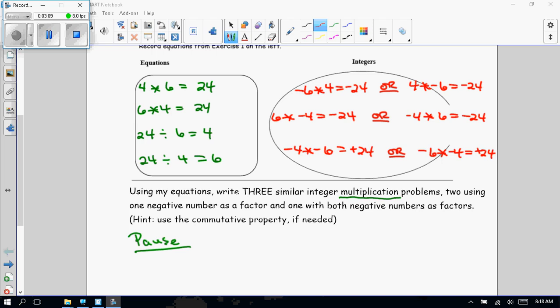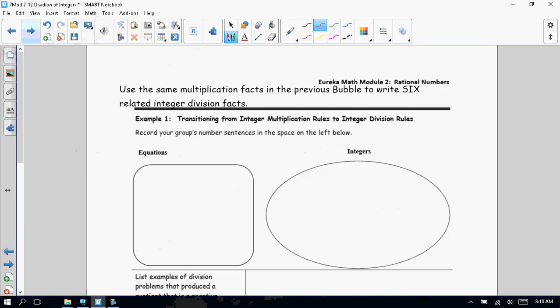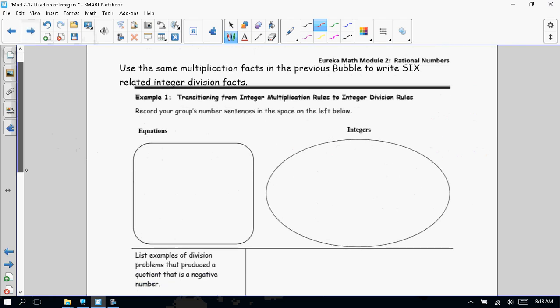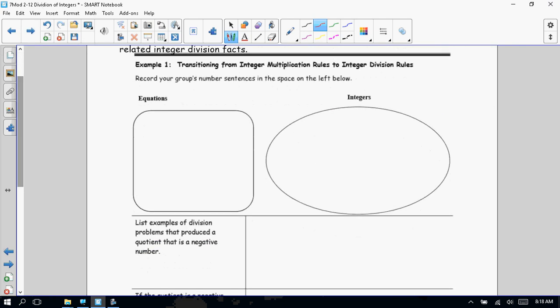All right, I, on the other hand, am going to go on to the next page. So again, I have some directions here. We'll talk about those in a second. We're going to record those sentences that we just did a minute ago, the ones that were in the integer bubble, and we're going to record those in the equations now. So we're going to take the ones from the other page. So I'm going to take negative 6 times 4 equals negative 24.